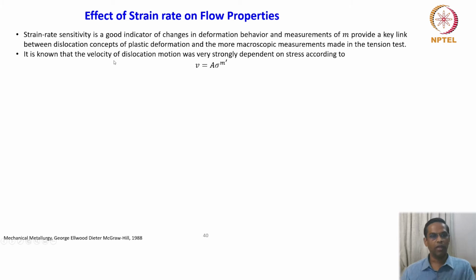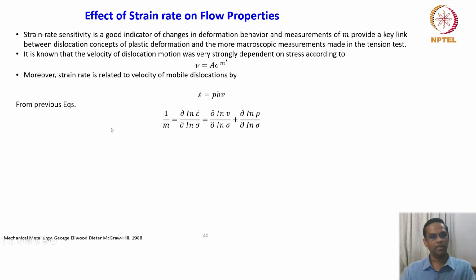It is known that the velocity of dislocation motion is very strongly dependent on the stress according to this relation: v is equal to A times sigma to the power m prime. Moreover, strain rate is related to velocity of mobile dislocation by this expression, which we have already seen: epsilon dot is equal to rho b v.